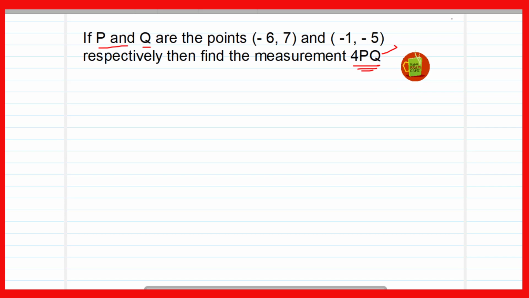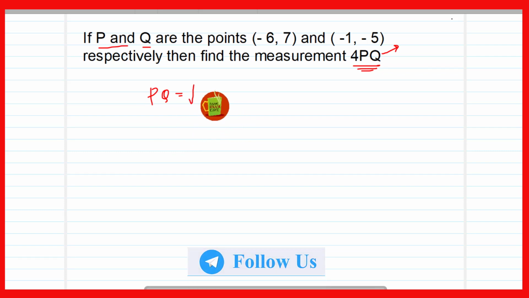For that, first we will find the length of PQ and then multiply it by 4, so that we get the length of 4PQ. So by using the distance formula, we will find PQ.